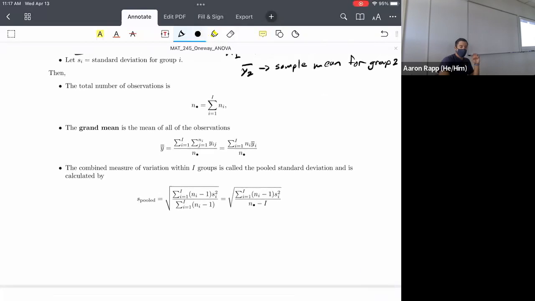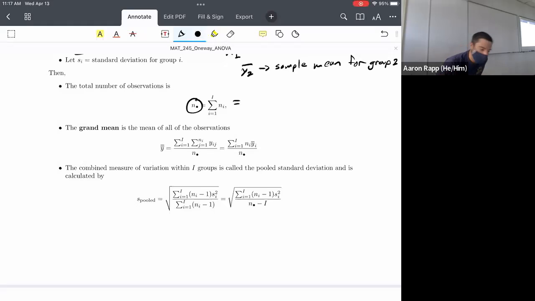So some important calculations that we're going to want to do is, one, total number of observations. We're always going to represent this with the symbol N with a solid dot as a subscript. That's going to represent the total number of observations that I see between all groups. And how I do that is I add up all of the group sample sizes.